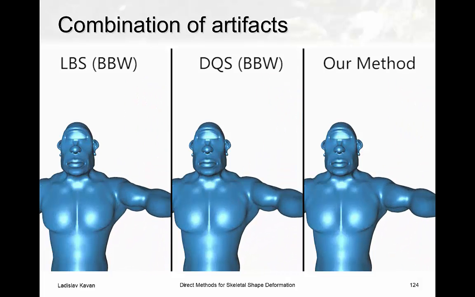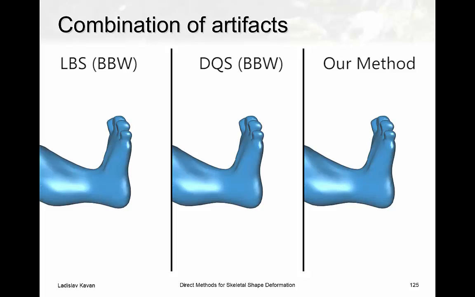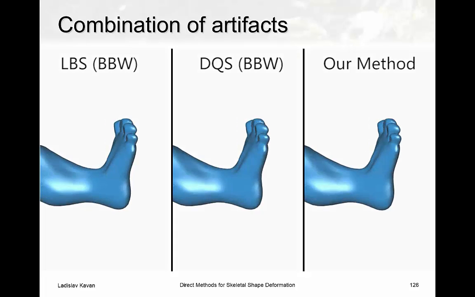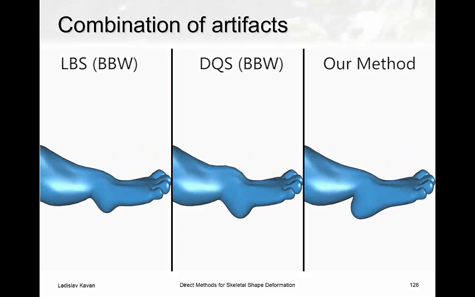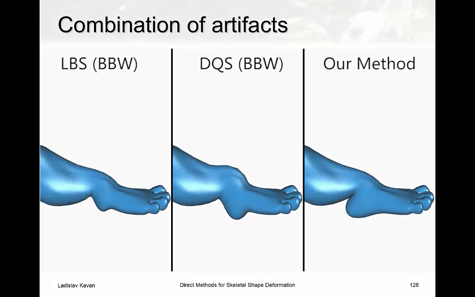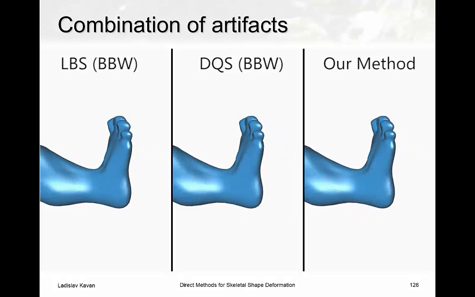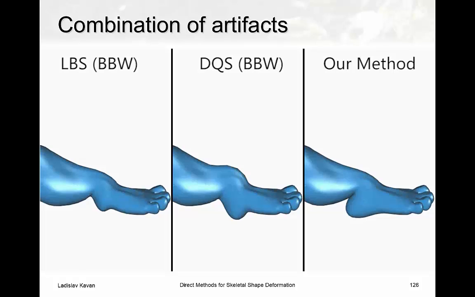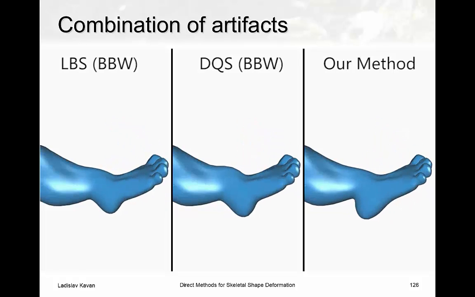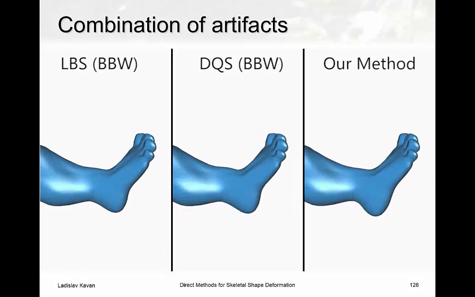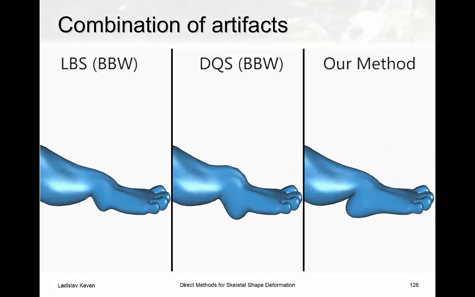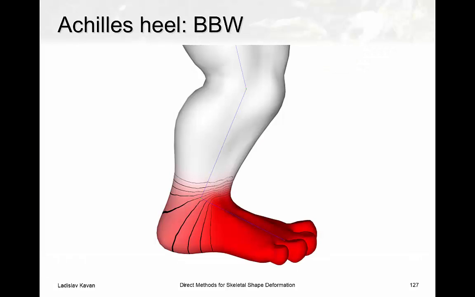Oh, this is my favorite artifact. I call it the Achilles heel of bounded biharmonic weights. So there is some bulging thing in the middle, but that's not my point here. Look what the heel is doing. Do you see what's happening to the heel? The heel is getting deformed a lot with bounded biharmonic weights, right? And this is because there is one bone here, one bone there.